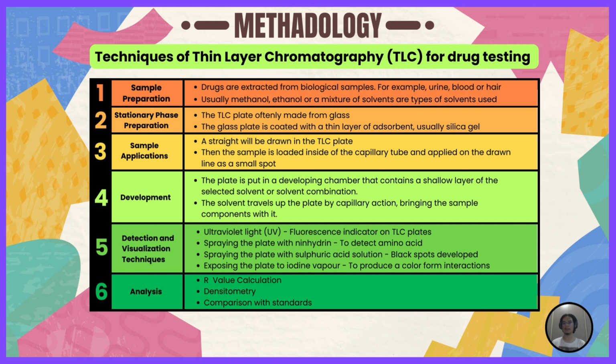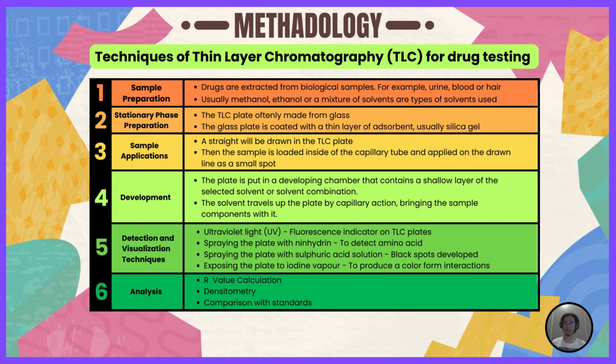Chemical sprays with reagents like iodine, anhydride, or sulfuric acid react with the sample components to produce colored spots. In rare occasions there is also radioactive detection. In these cases, radio-labeled drugs are detected using autoradiography. So as you can see in the slide, I have provided some examples.